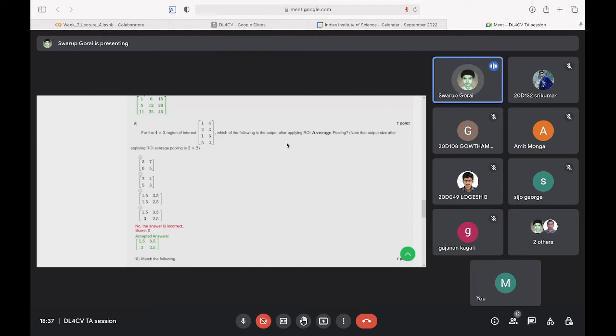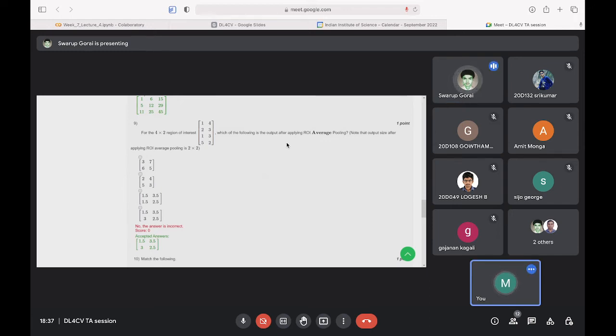Suppose the size of the image is not 4x2, suppose 400 by 400. See, given any object size, ROI pooling is used to bring it down to a fixed size. Here they have said it to be 2x2.